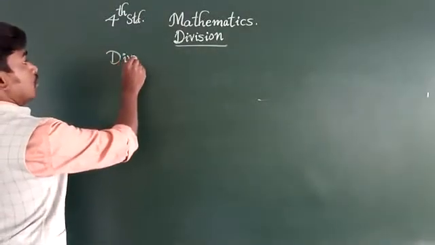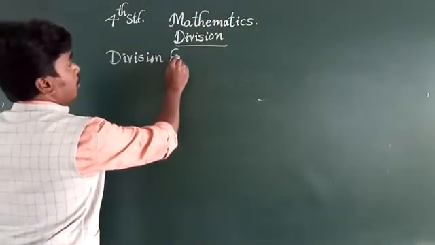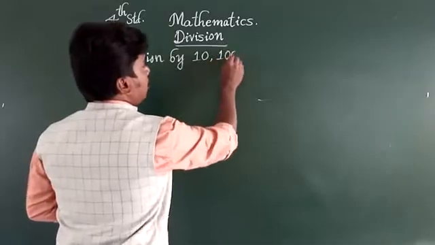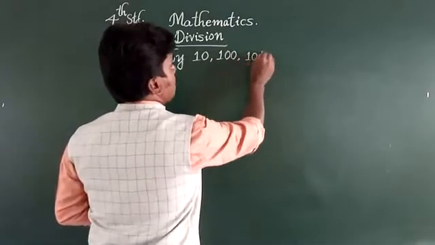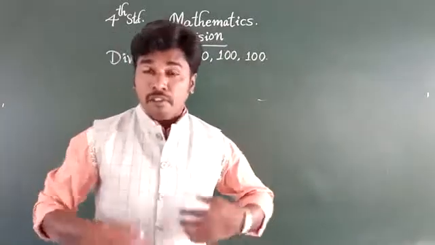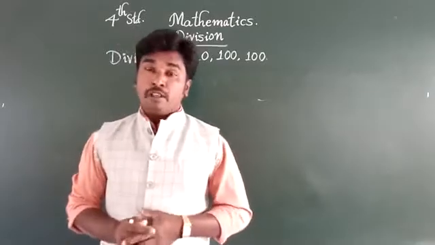Division by 10, 100 and 1000. Suppose before that I give a direct definition or explanation, you may not understand.